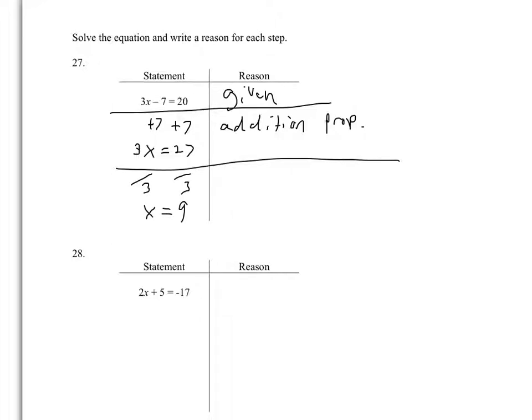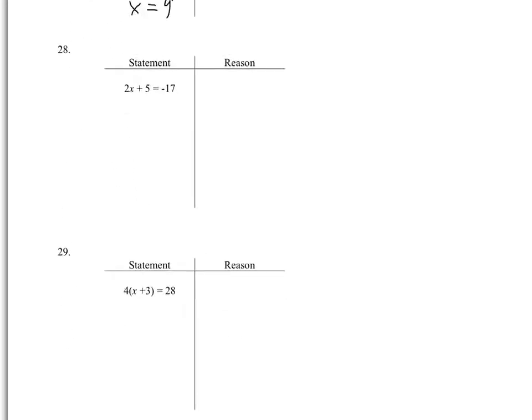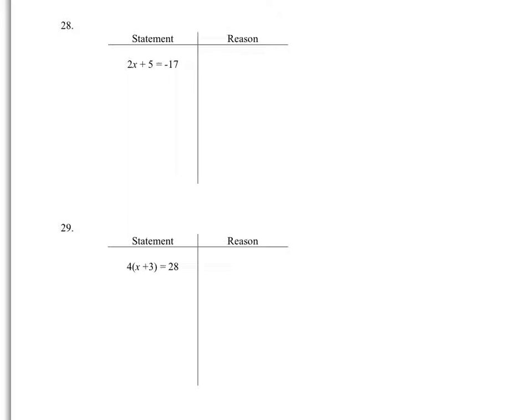That's my answer, and it's the division property that allows us to do that. So you're just solving the equation like you normally would, but you're giving a reason for each step. You don't have to memorize all of these reasons, although addition, division, that's not too hard to remember. Remember, you can use the postulates, theorems, formulas, properties packet that you got in class and that you'll be given on the test.